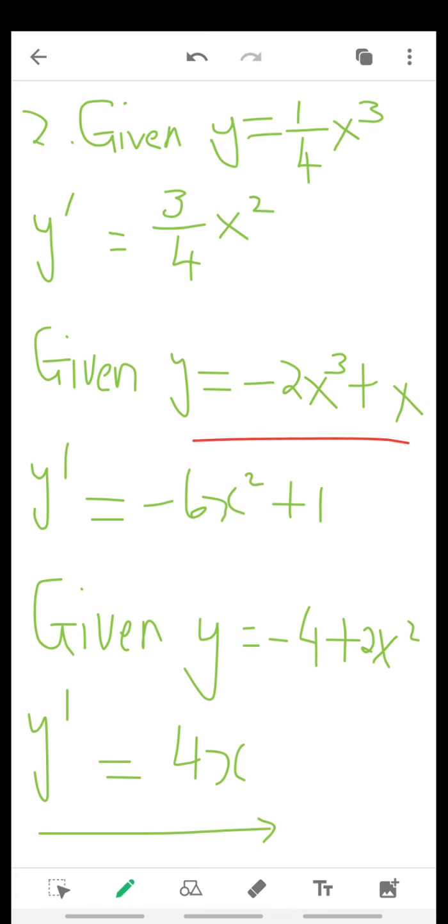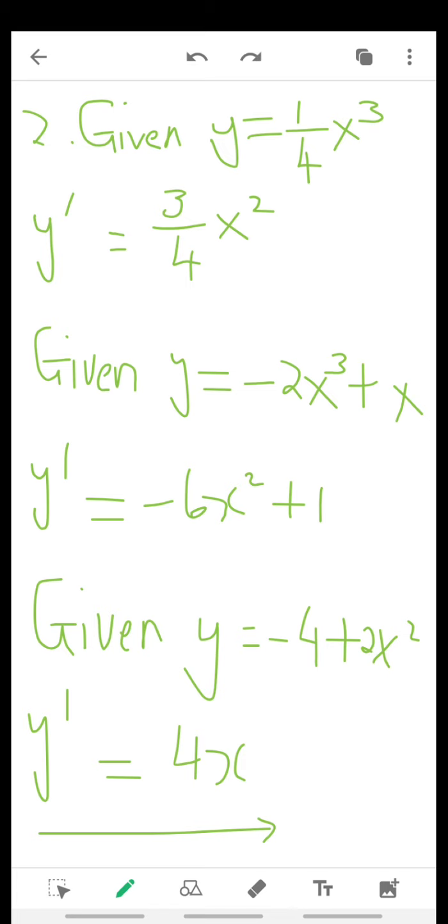y equals minus 2x cubed plus x, and I want us to use the same notation again. y prime, or the derivative of y, is equal to: we drop the 3 to multiply with the minus 2, and the answer is minus 6. Then minus a 1, we are left with a 2. And then remember, if I have a plus x, the x exponent is 1.